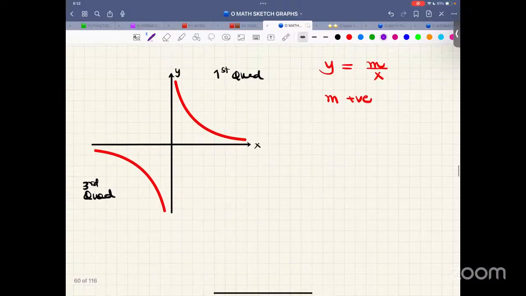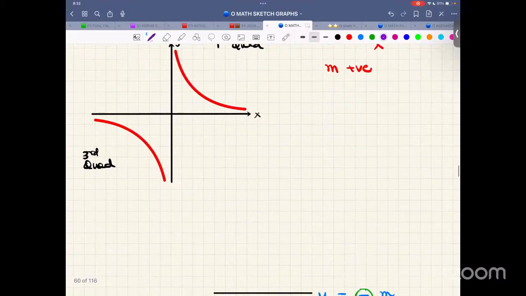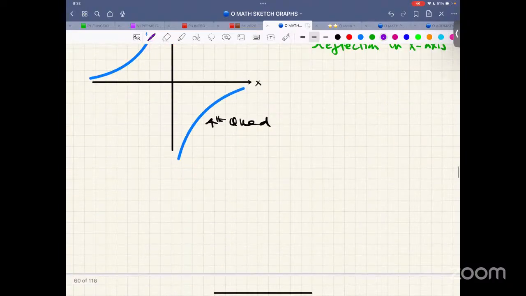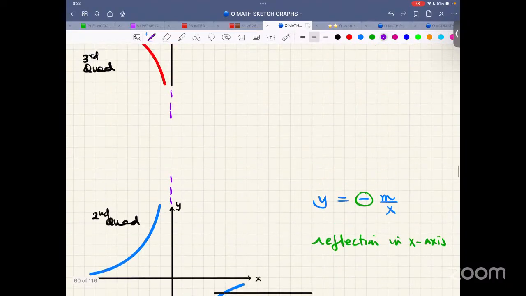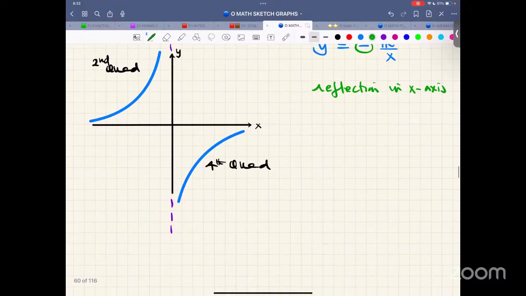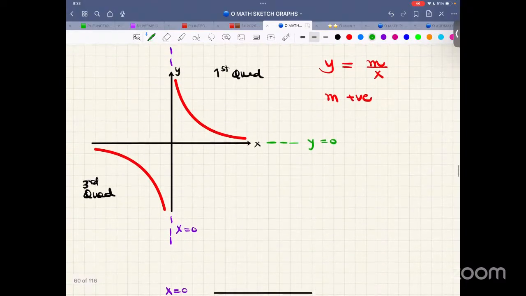So now over here, this is not this one, that should be this one. The purple one is this. This is the y-axis, x is 0, and the x-axis, y is 0. So there are no x-intercepts.